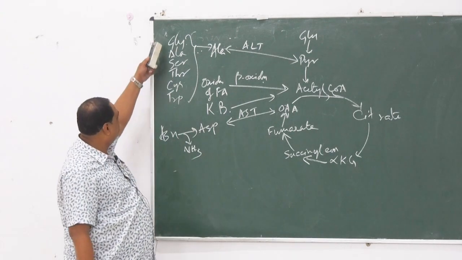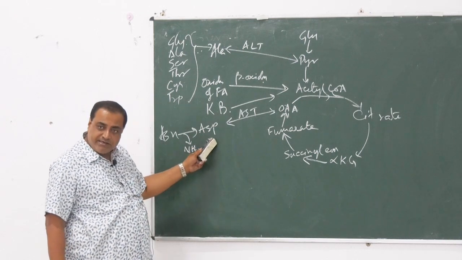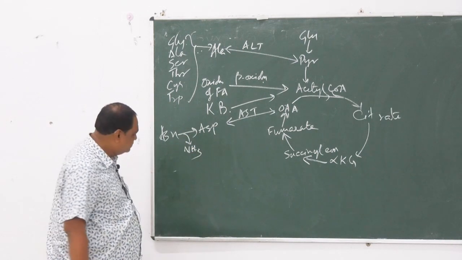So entry of 1, 2, 3, 4, 5, 6, 7, 8, over.